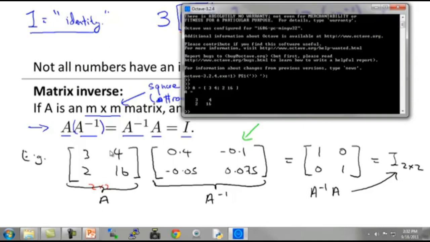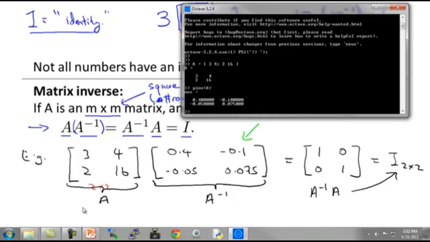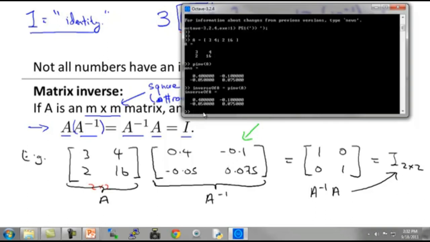And the software lets me compute the inverse of A very easily. I type pinv of A, and this is, right, this matrix here, 0.4, minus 0.1, and so on. This is giving me a numerical solution to what is the inverse of A. So let me just write inverse of A equals pinv of A. So I've set inverse of A equal to that.